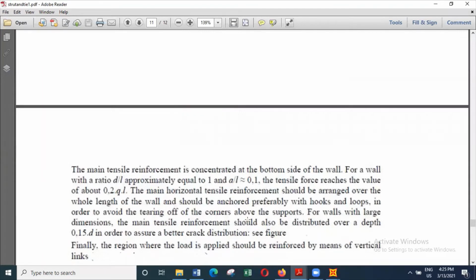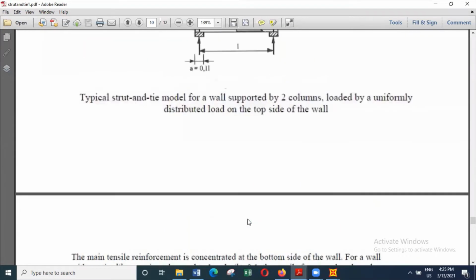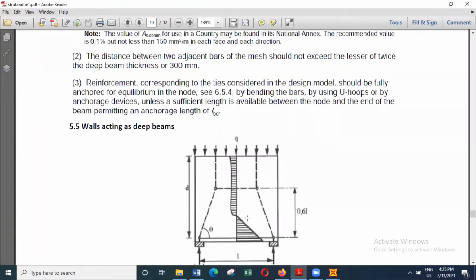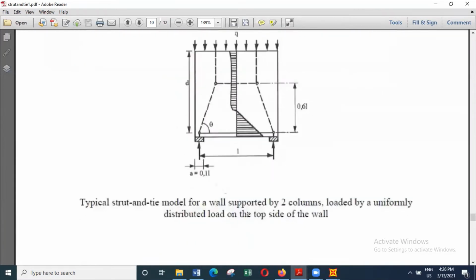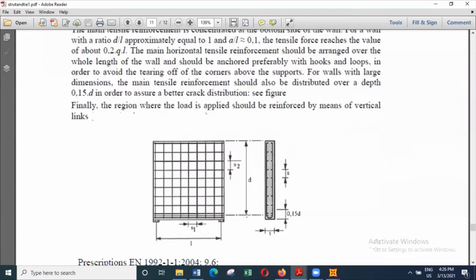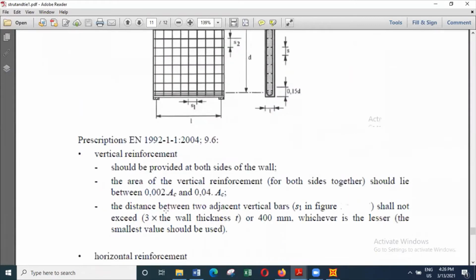The additional reinforcement is whatever the wall reinforcement, and the wall reinforcement is not a very high amount. The minimum in the vertical direction is 0.002 times the area of concrete, which gives a very low requirement.